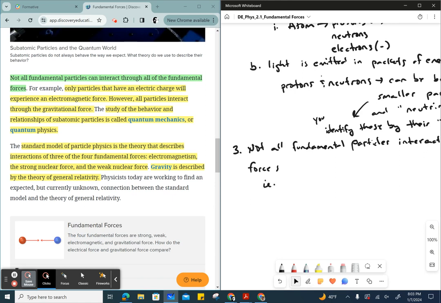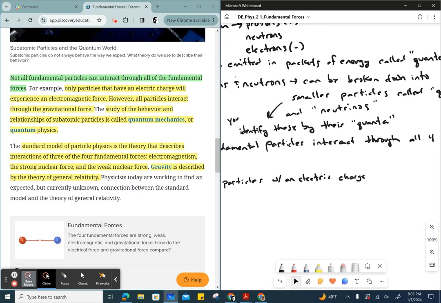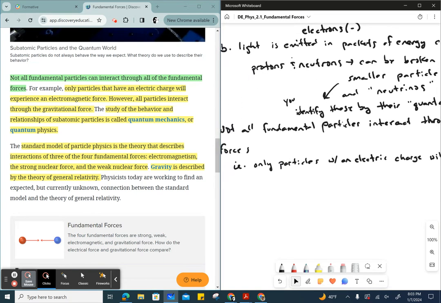I.e., only particles with an electric charge will interact through electromagnetic force.